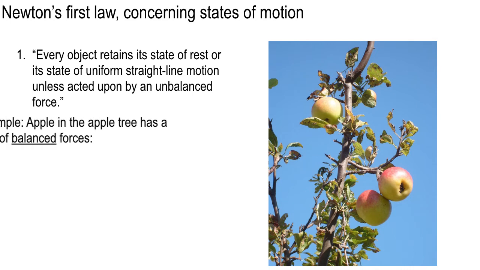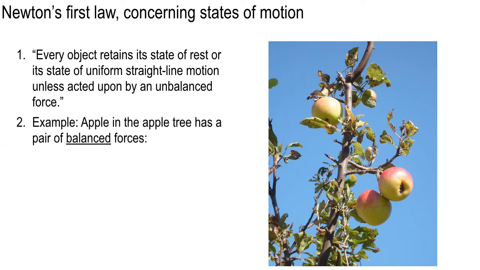All right. So an example: an apple in an apple tree. Sir Isaac Newton was famous for apples in apple trees. Right? So these apples here on this limb have a pair of forces that balance. Let's think about what those forces are.